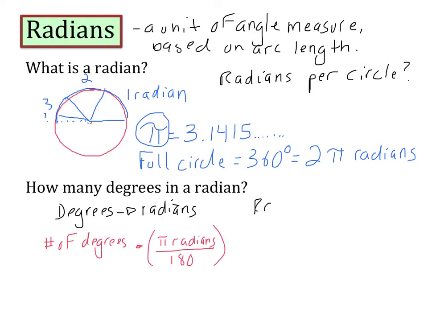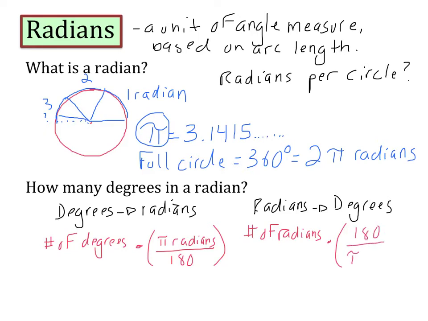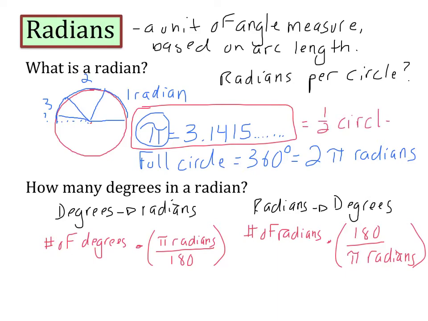And if we're going from radians to degrees, we multiply the number of radians by 180 over pi radians. And this is all based on the fact that pi radians equals half a circle, or 180 degrees.